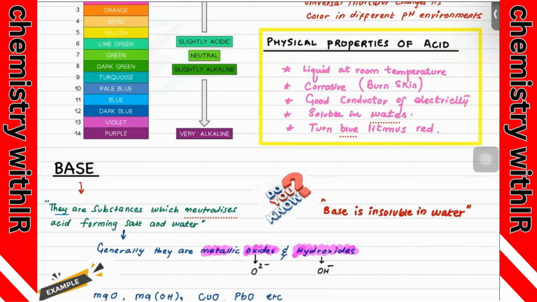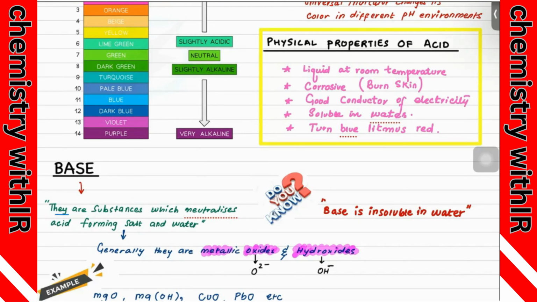And we have multiple other things that are known as indicators. We have phenolphthalein as an indicator. When you add phenolphthalein to acid, it would be colorless. We also have other indicators, including methyl orange and thymolphthalein.